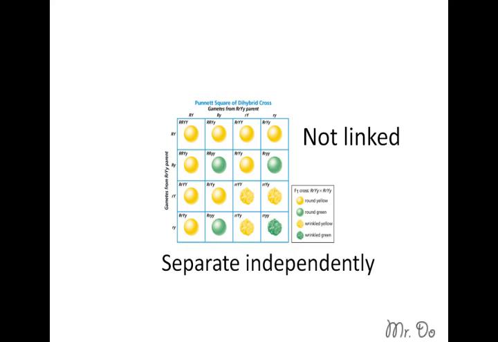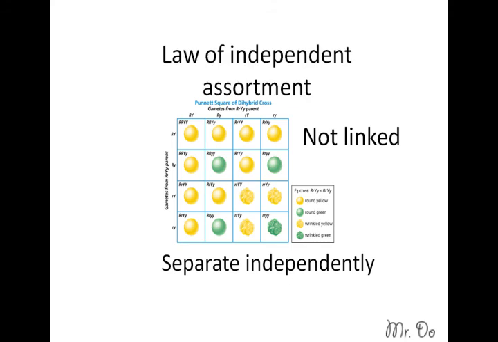This leads to Mendel's second law, his law of independent assortment. Independent assortment means they separate independently of one another. When you're round, you can be round and yellow, or round and green. It doesn't mean that because you're round you have to be yellow. So the alleles separate independently by themselves.